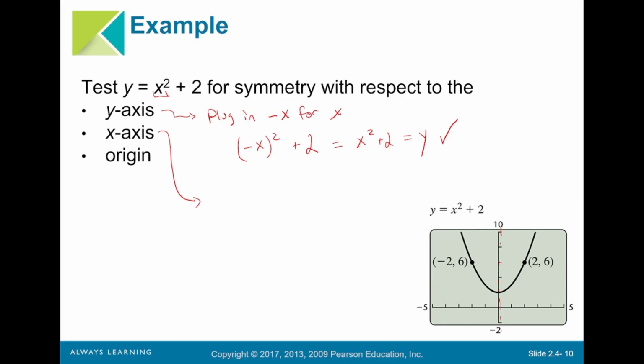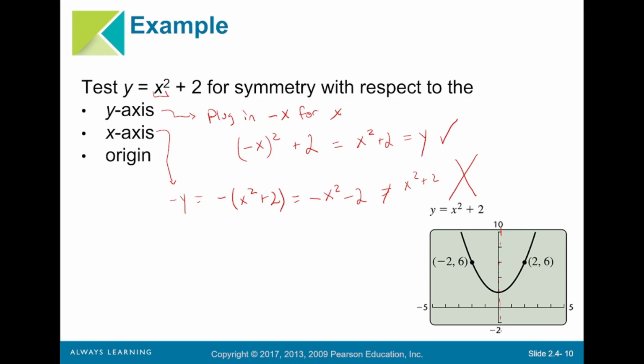To look at the x-axis, we're going to look at -x squared plus 2. Stick a negative out front and see what happens. Then we get -x squared minus 2, and that is not equal to x squared plus 2, so it is not symmetric through the x-axis. This is what we call -y, essentially. -y is what we're looking at there.